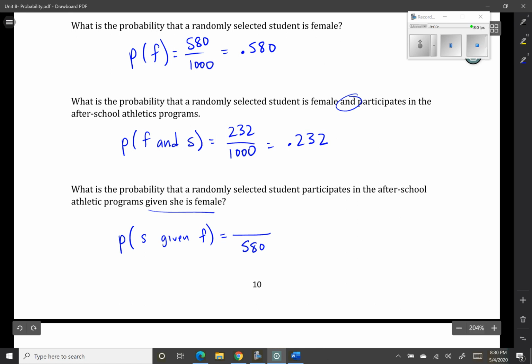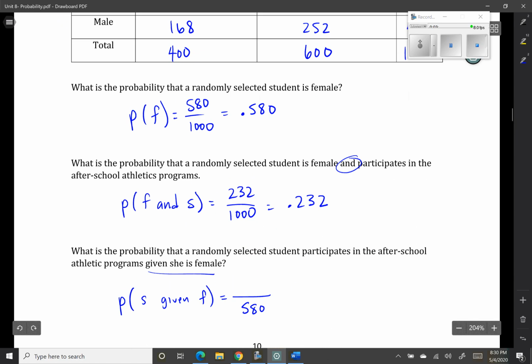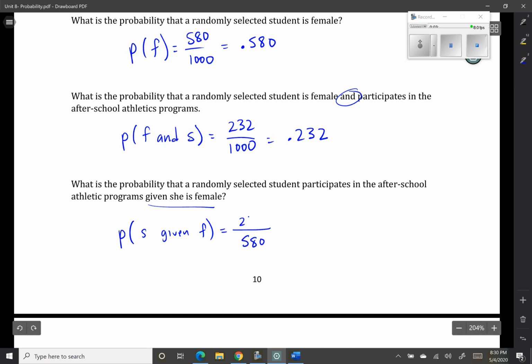Because we're given the fact that it's female, so we only care about females here. And we have 232 as the number of female students that play sports. If I divide those two numbers, I wind up getting 0.400.